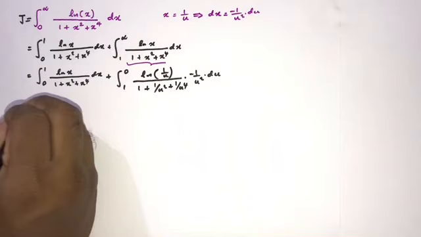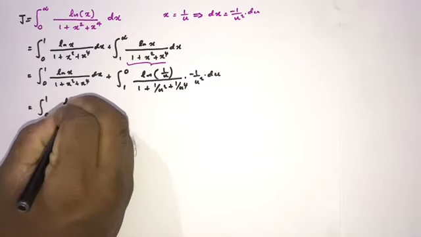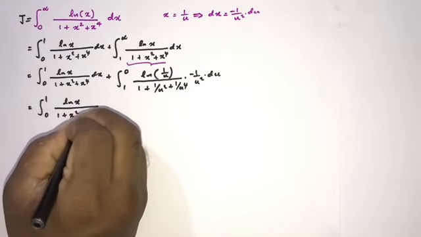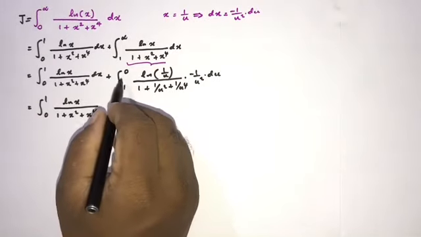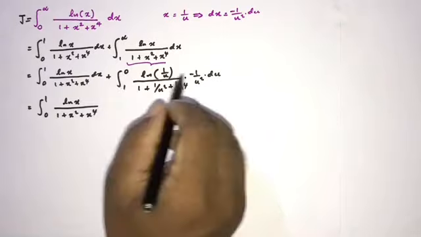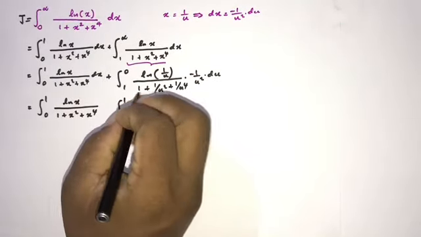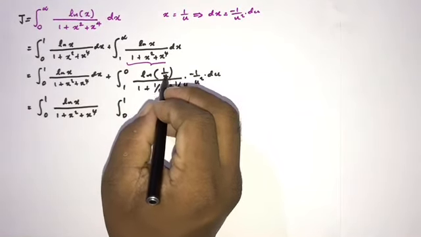Then here again we rewrite this integral, natural log of x over 1 plus x square plus x to the fourth power. Then we can change this boundary. When we change the boundary, this minus gets cancelled, so we can write integral from 0 to 1, and here we have natural log of 1 over u.